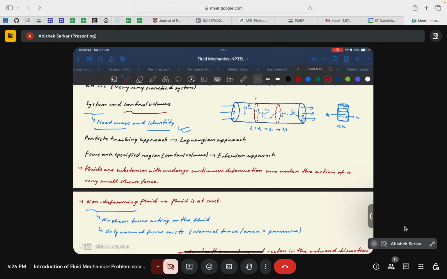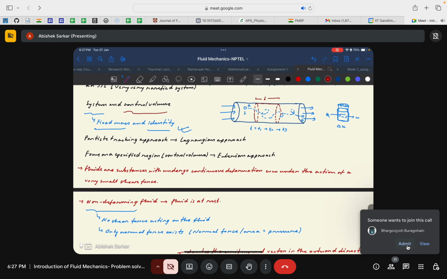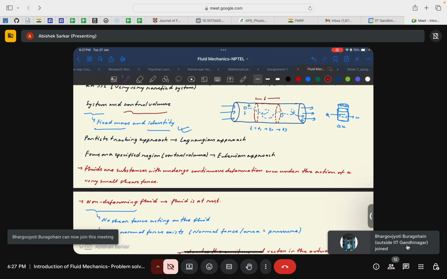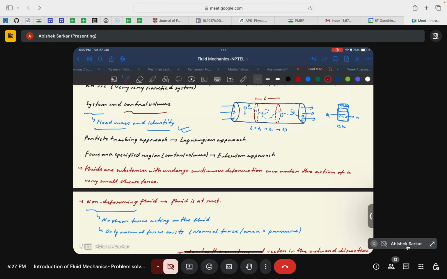Say it is of length small l. We are keeping our attention to this small region, and rather than focusing on each and every particle, let me try to analyze the force imparted by the flow of fluid across this control volume.